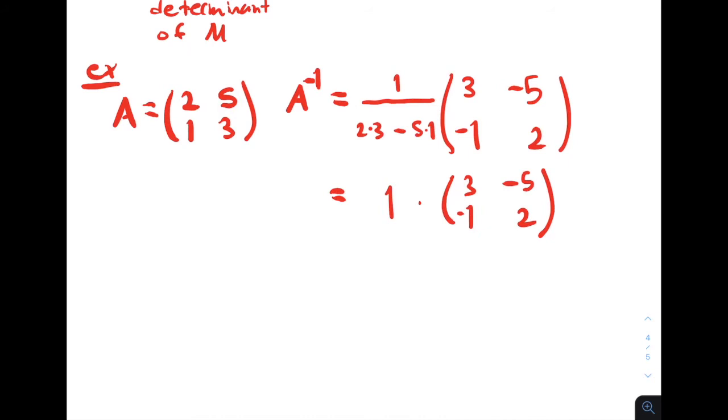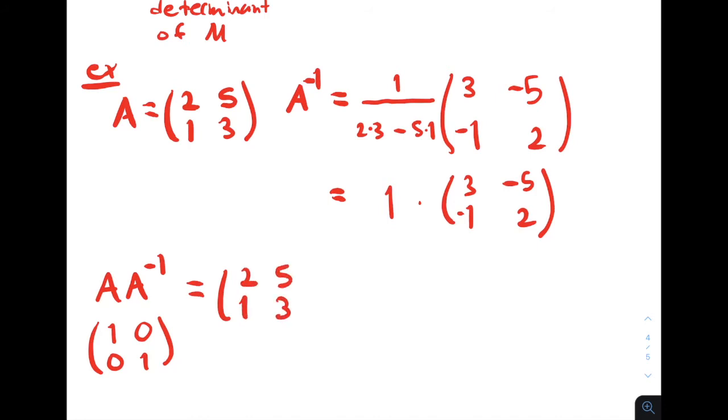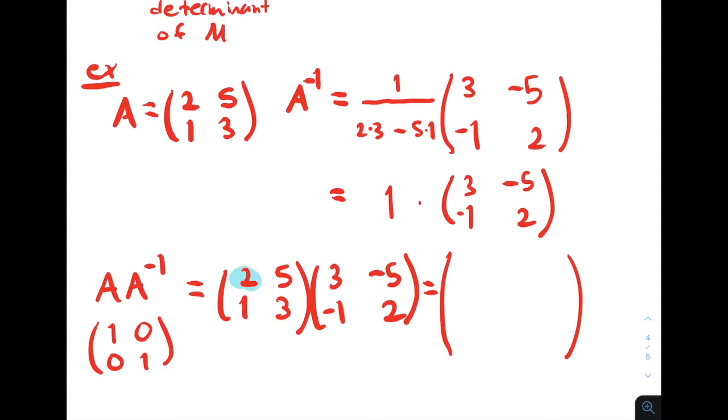We can check to make sure that we did our work correctly because we know that A times its inverse should be the identity matrix. Here, let's check. 2, 5, 1, 3 times 3, negative 5, negative 1, 2. Here we have 2 times 3 plus 5 times negative 1.